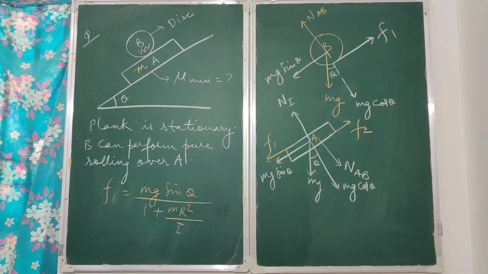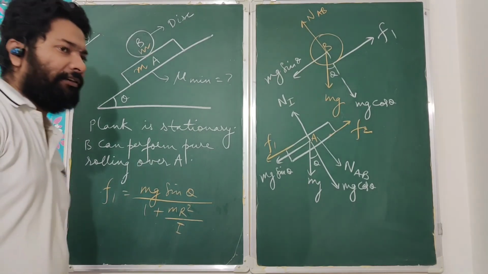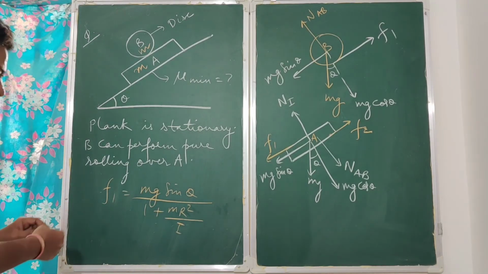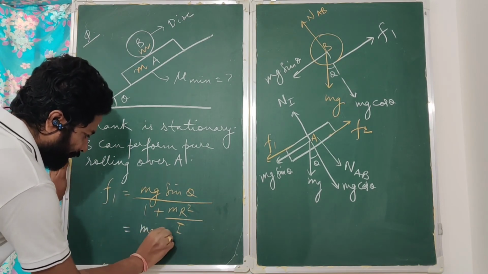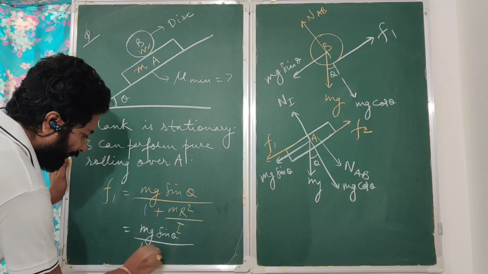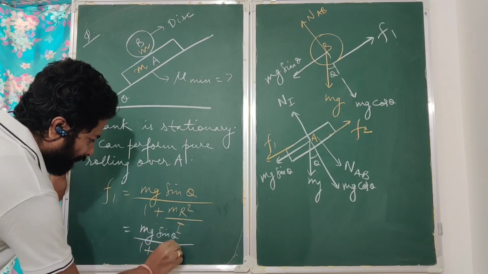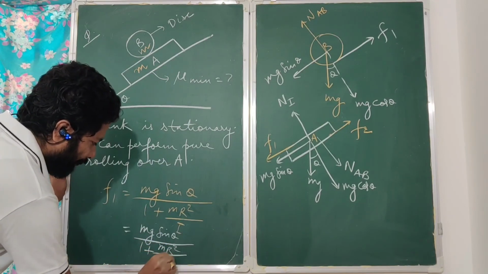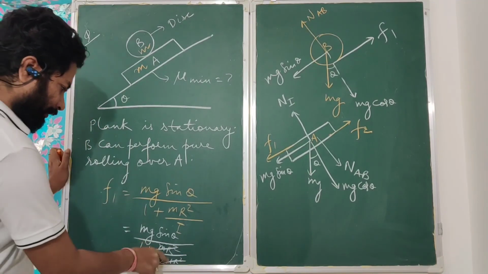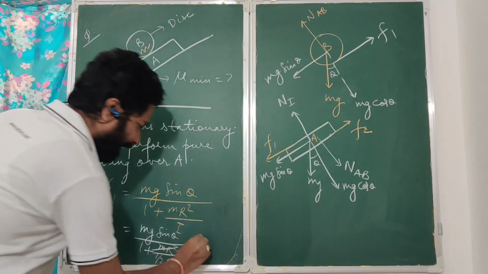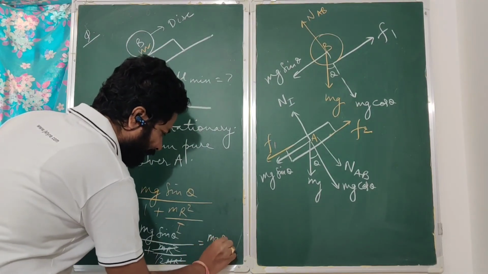Moment of inertia. So this disc moment of inertia is half mr square. So we'll put the values. mg sin theta by 1 plus mr square by half mr square. So this will get cancelled. So 3. So it will be mg sin theta by 3.